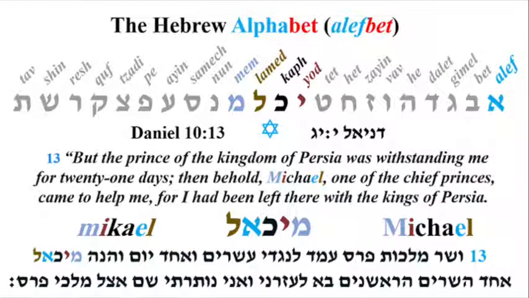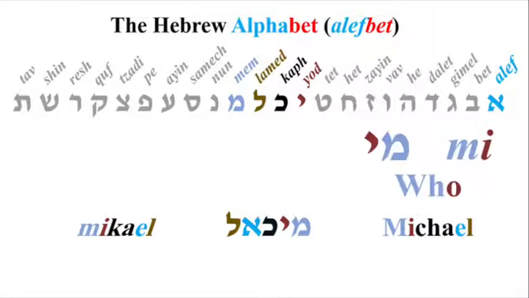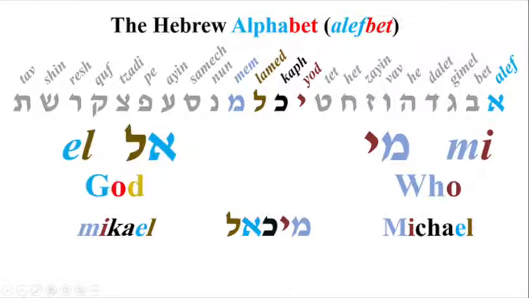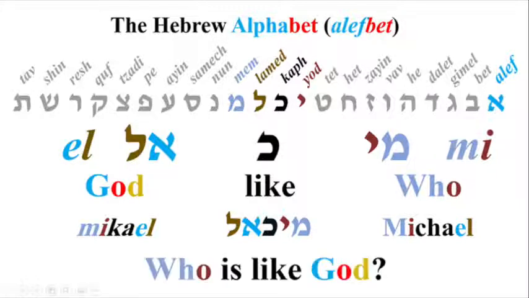We've talked about this before. Mi is who. El is God, Elohim. And Ka is like or as. Mikael. Who is like God. Isn't it nice how you can take these words that you've been hearing forever and tear them apart and find out very cool things about them? I like it.